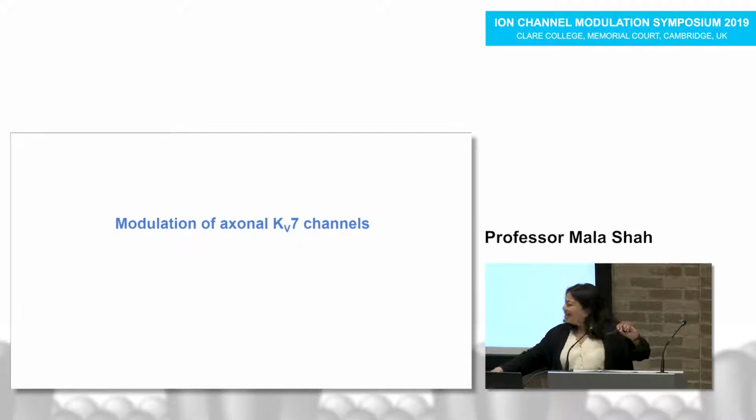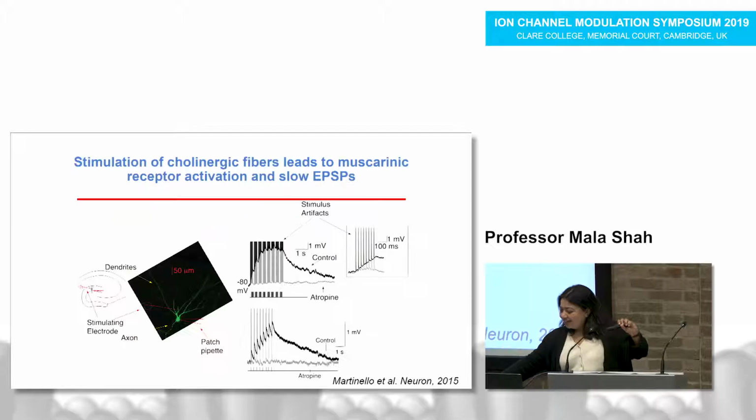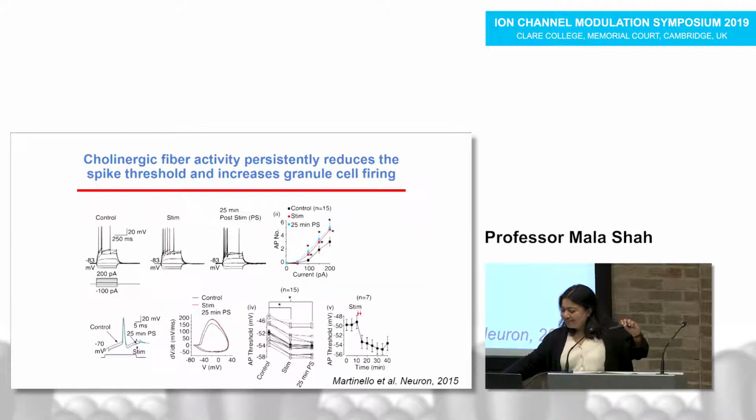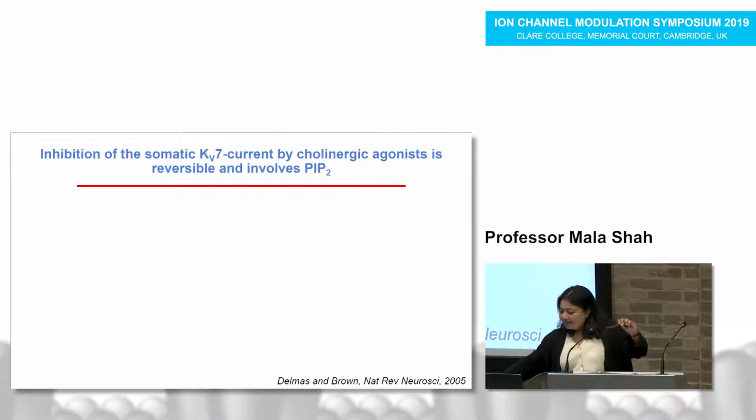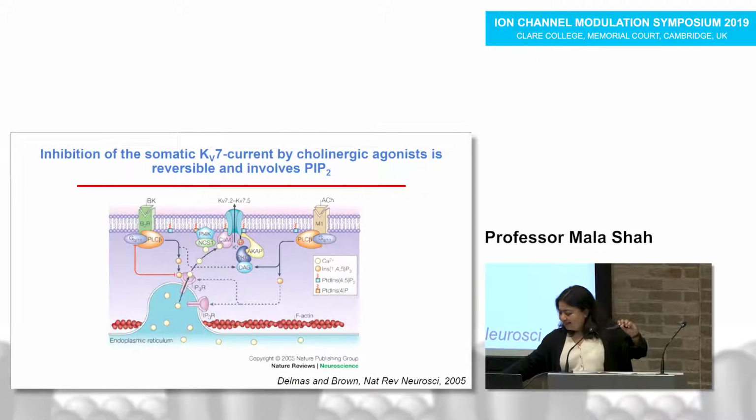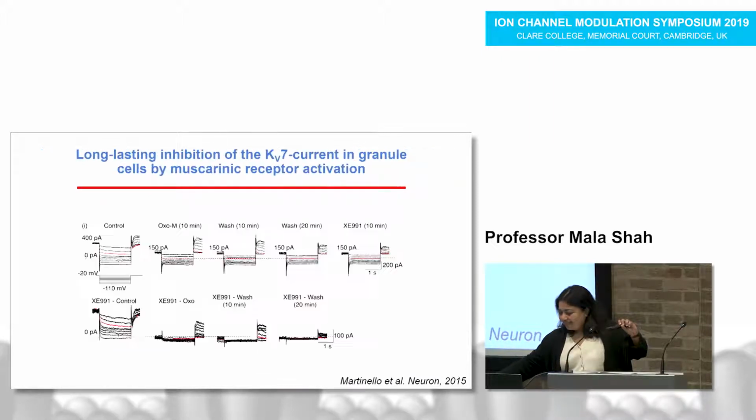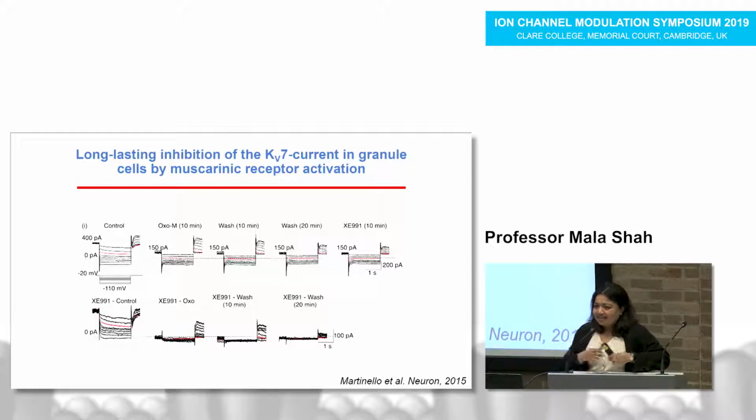Okay, so very quickly, I just basically wanted to say that we also have, let me just show you this. This is the current which is recorded from the granule cell soma.